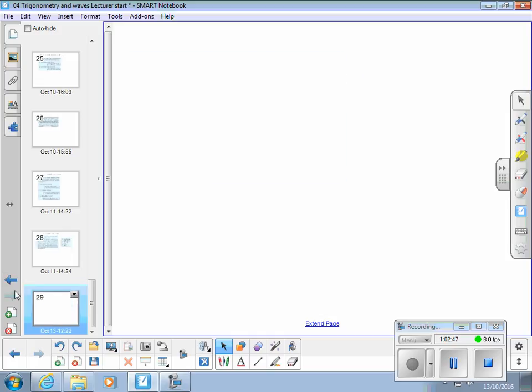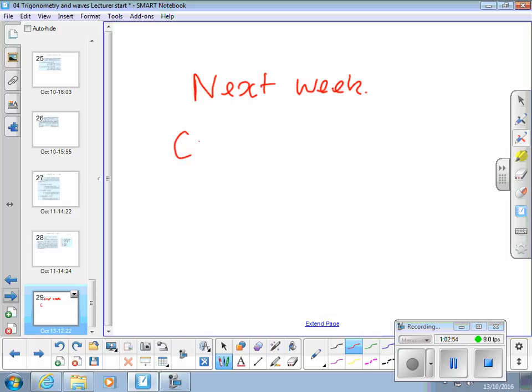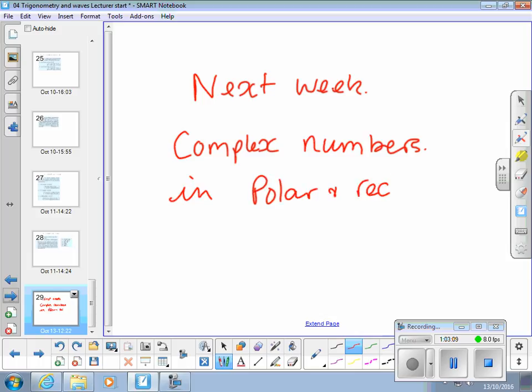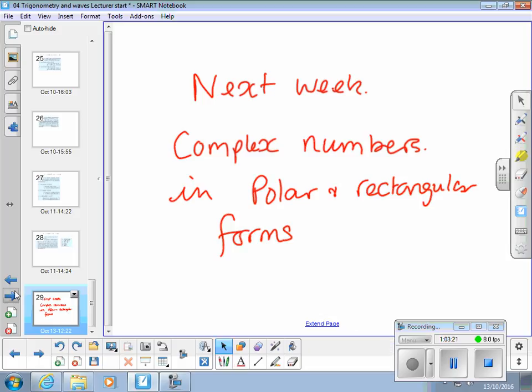And then next week, complex numbers in polar and rectangular forms, and what you're looking at if you've got the 7th edition and you've got the time to look ahead is chapter 33.